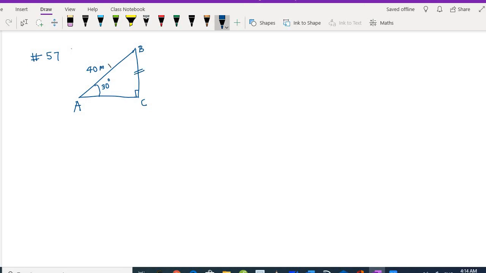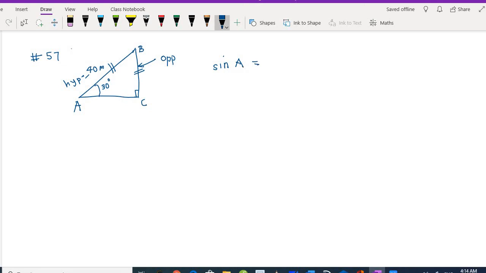So let's see what we are given. We are given the opposite, the side opposite to the angle 30 degrees. And we are given the hypotenuse. So there's a trigonometric ratio, the sine ratio, that connects opposite with hypotenuse.